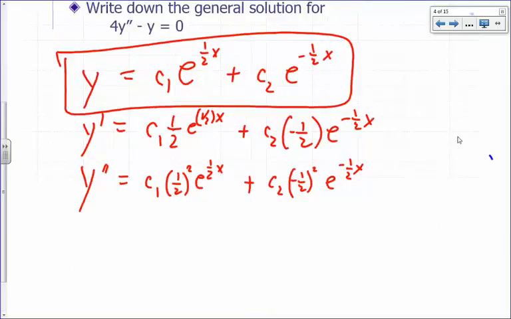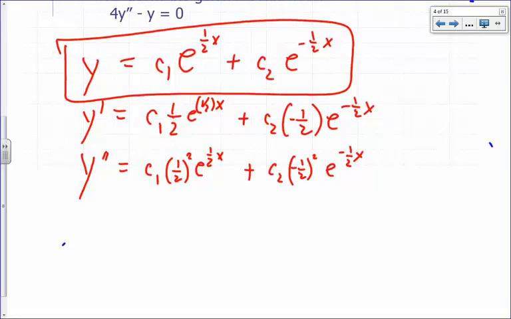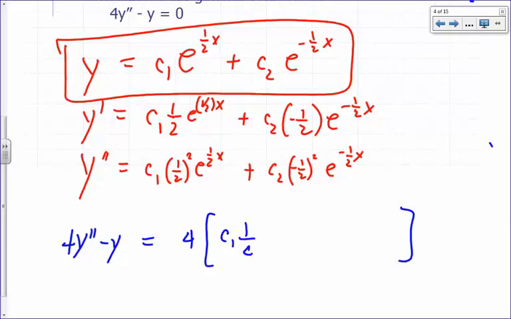So what was our equation? Our differential equation was 4y double prime minus y equals 0, right? So 4y double prime equals 4 times c1 times 1/4 e to the 1/2 x plus c2 times 1/4 e to the negative 1/2 x. That's your 4y double prime.